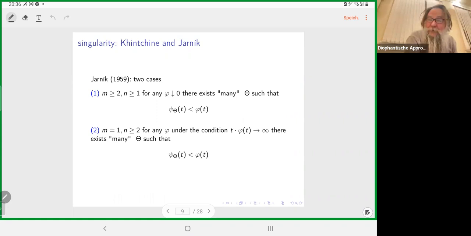A general result was documented by Jarník.